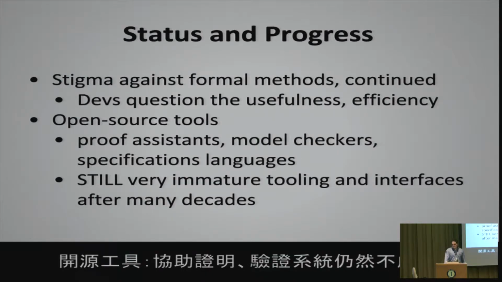So also developers question whether they're useful at all, or whether it's even possible to make truth claims about software, about the reliability of certain software. So there are some open source tools that are working on this, proof assistants, model checkers, specification languages, but very immature. Still very immature. Makes you wonder.